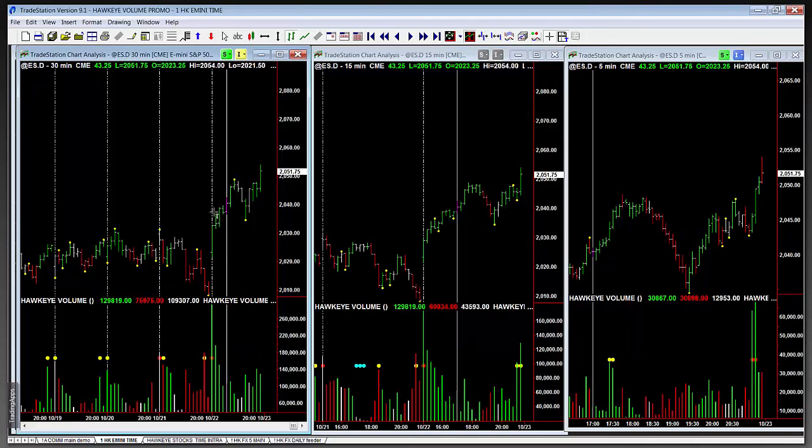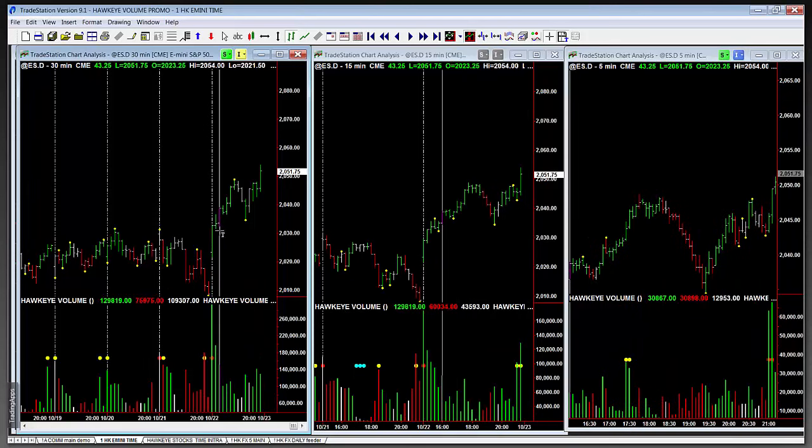So you can see for the day, and here is the day session on the 30-minute, the bias on the volume was long the whole time. Do you remember that I said earlier on, when you see these little yellow dots come in, these Hawkeye pivots, you get 3, 5, 7 bar reactions in trends. 1, 2, 3, the yellow dot comes in, pushes itself back up.